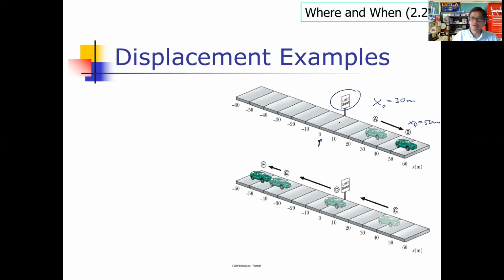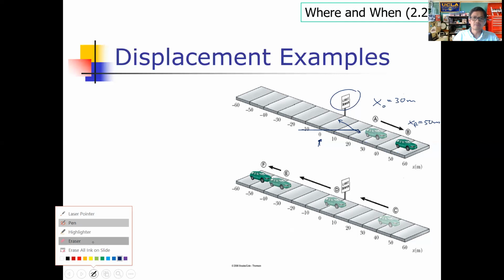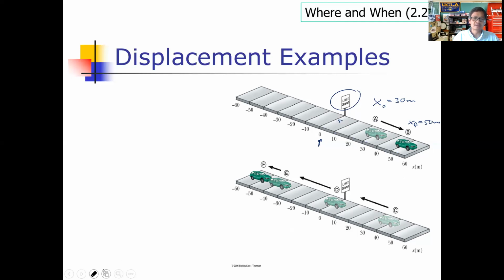So both of these positions, 30 meters here and 50 meters here, are relative to this 0 point right here. So this is where we call x equal to 0 meters. That's an arbitrary position, okay?